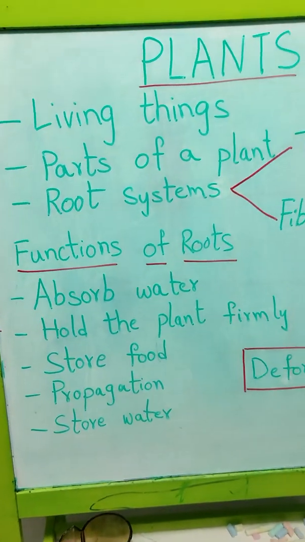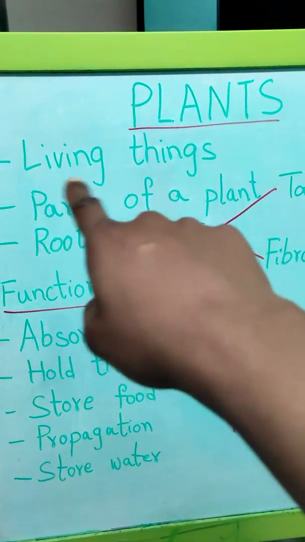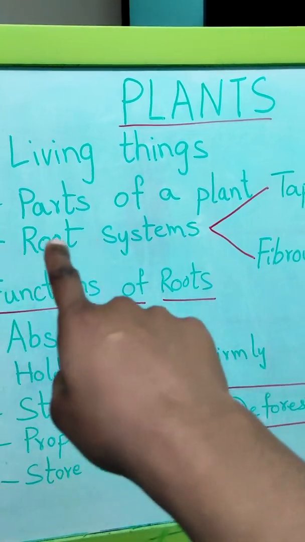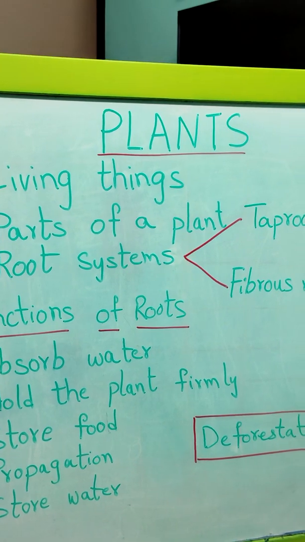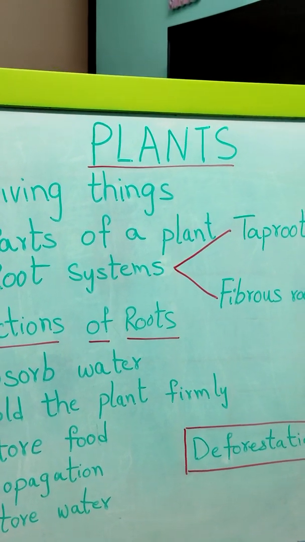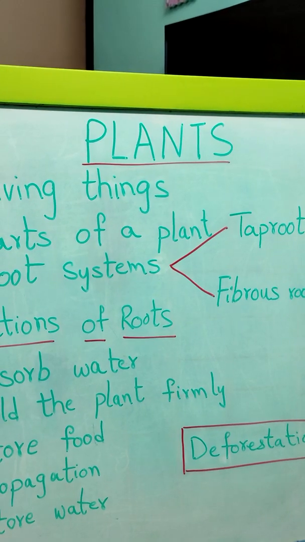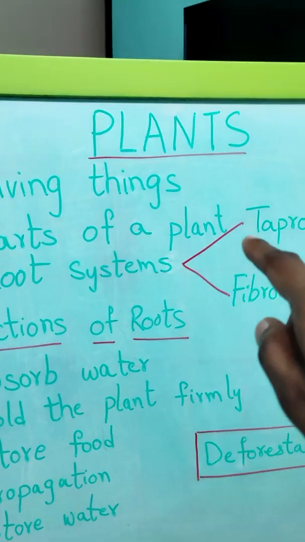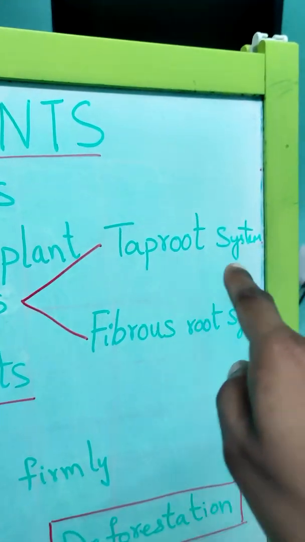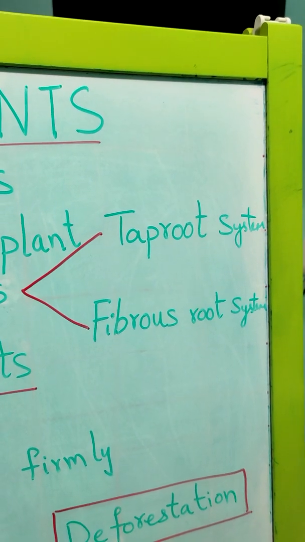And let's look at the summary of all the things we learned till now in this class. The first thing is plants are living things. And coming to the parts of the plant, what are the parts of the plant? Stem, branches, leaves, flowers, fruits, and the roots. And coming to the root systems, there are two types of root systems. First is the taproot system, and the other is fibrous root system.